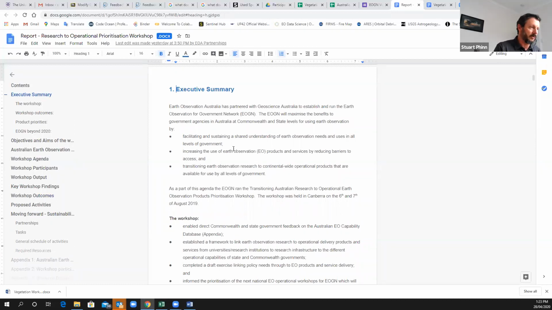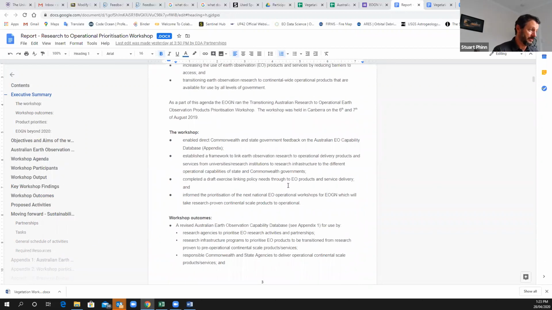And the executive summary for this particular document, if we just go through it quickly, says what we're trying to do: get a shared understanding of EO needs at all levels of government, increase the use of EO products and services, and then transition from research to operational, with the bottom line of improving how we measure, map, monitor and manage the environment for a range of applications.